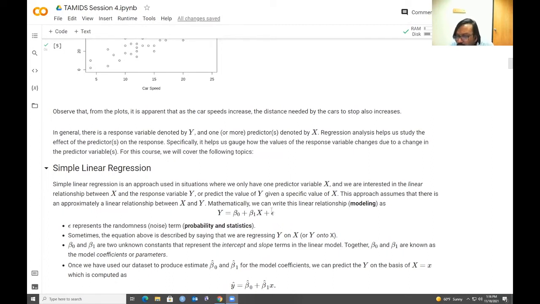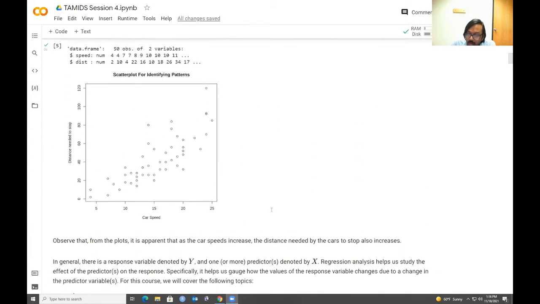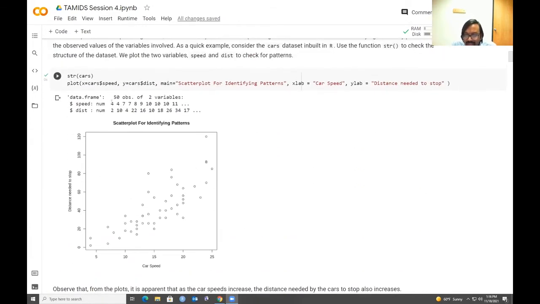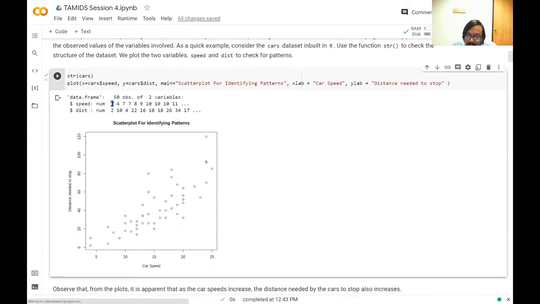Now, it is very important to understand the concept of these random noise terms. If you go back to the data set, notice that the speed for two cars is the same, it's 4, but the distance required to stop is different. That is because there are two different drivers, probably two different cars, two different models.